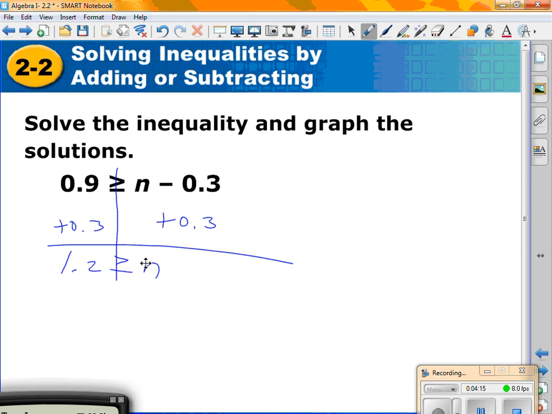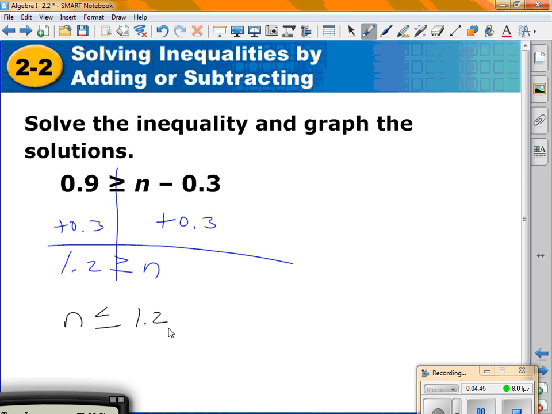All I did was change the way it's positioned, correct? All I'm going to do here is take the problem and change its position. I'm going to move the n over here and flip this around. When I flip it around, the greater than becomes a less than. N is less than or equal to 1.2.